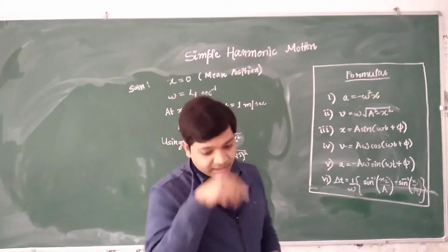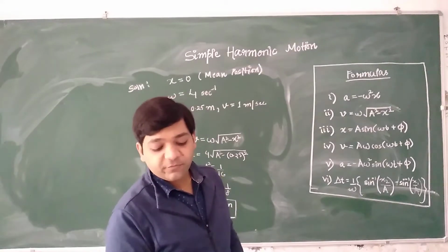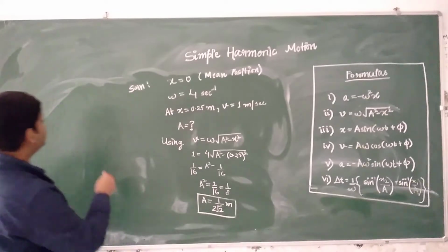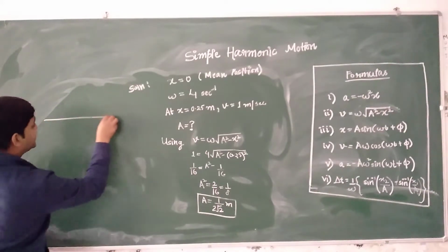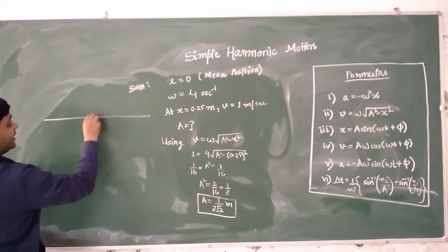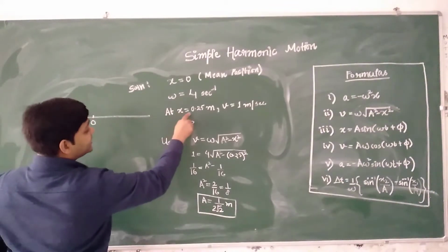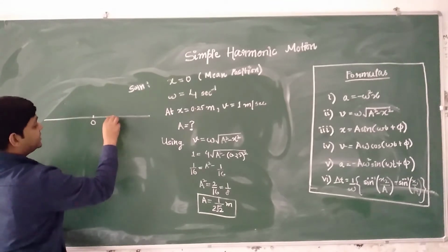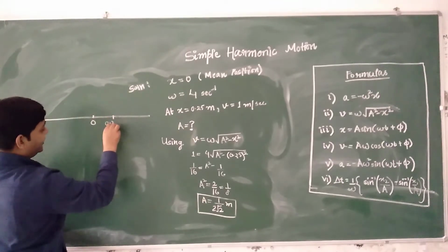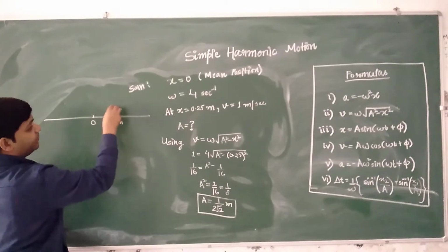Now in the second part it is saying that find the x coordinate and the velocity of the particle 2.4 seconds after that moment. So suppose the particle is moving on the x-axis like this. This is the x-axis on which the particle is moving, and let's say this is x is equal to 0, the mean position of the particle. So at x is equal to 0.25 meter, the velocity of the particle is 1 meter per second.